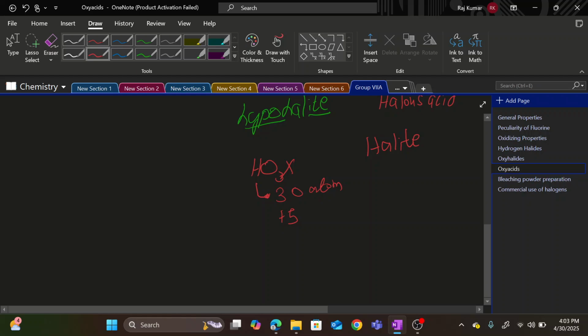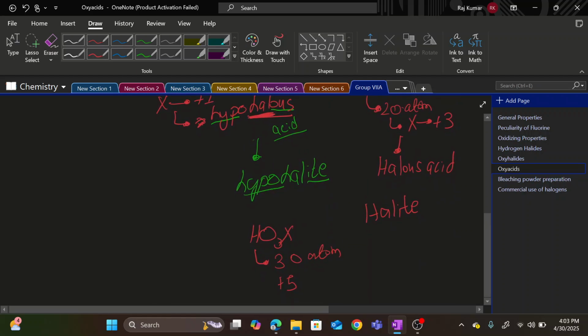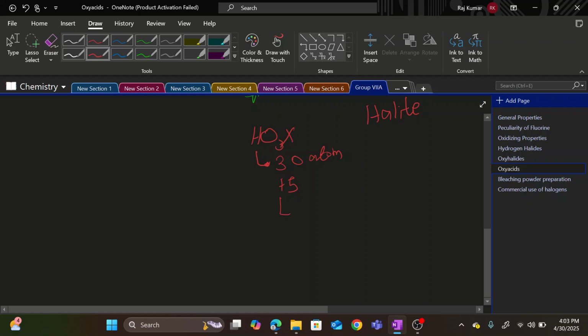Sorry, it's not valency, it's oxidation state. Valency does not have positive negative signs, so the oxidation state would be plus 5, and at that point it would be named as halic acid. For example, bromic acid, chloric acid, iodic acid, and its salt would be named as halate.